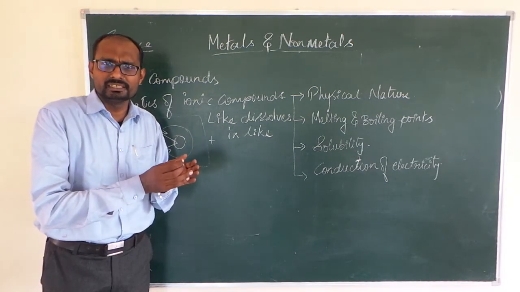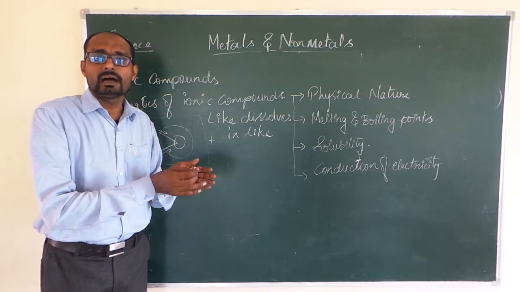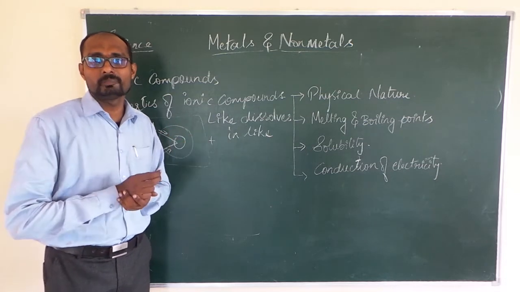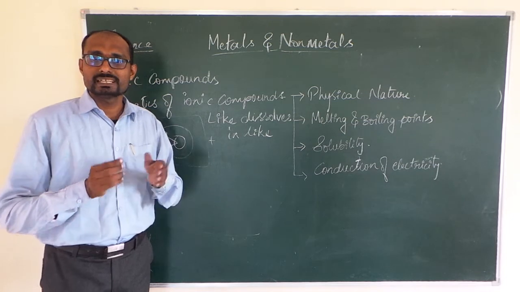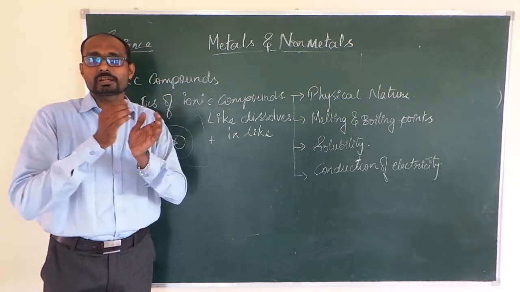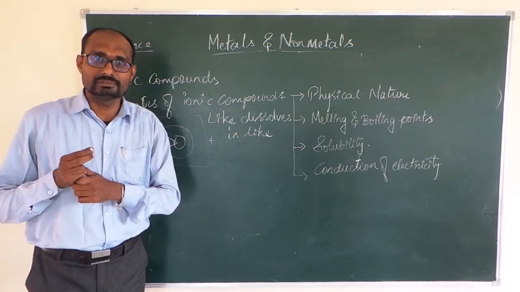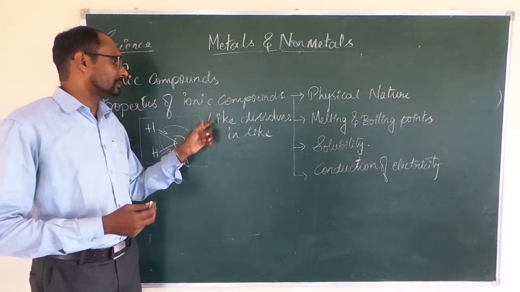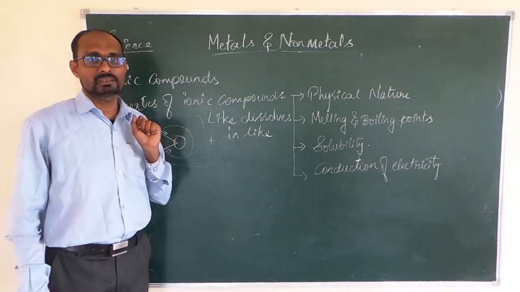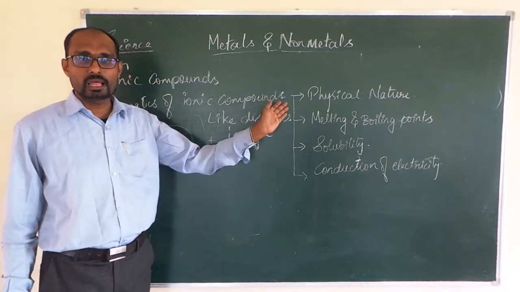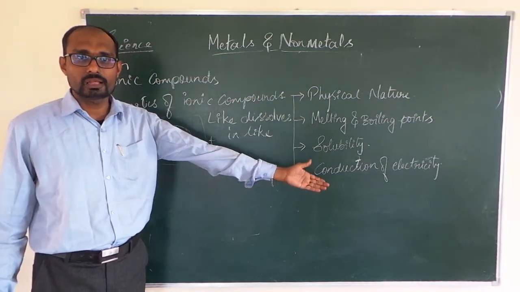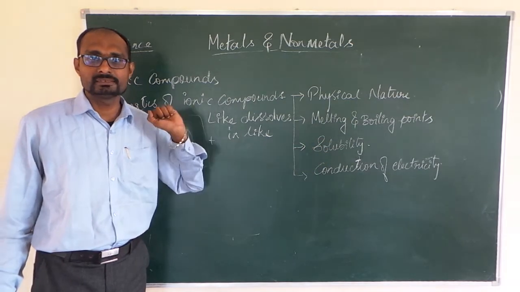Camphor or naphthalene, these two are non-polar compounds, and oil is also a non-polar compound. That's the reason why these non-polar compounds dissolve in non-polar solvent. Okay, so remember, like dissolves in like. So these ionic compounds, being polar compounds, dissolve in polar solvent, that is water.